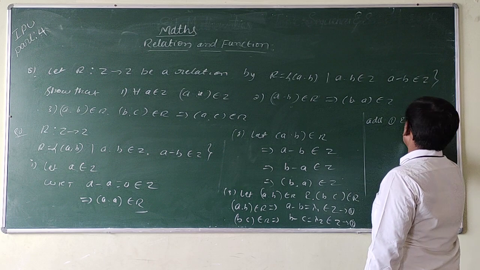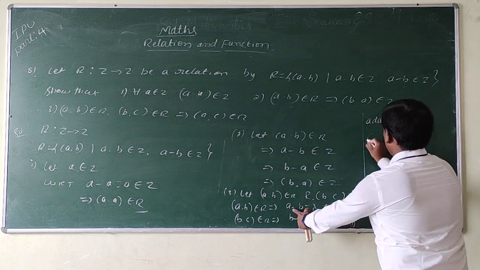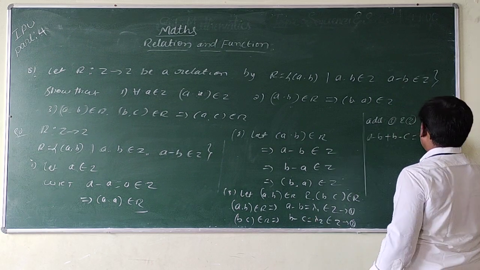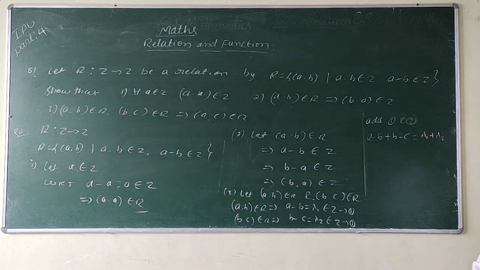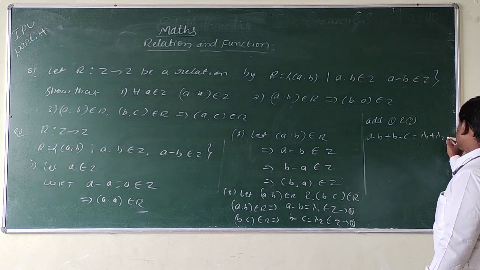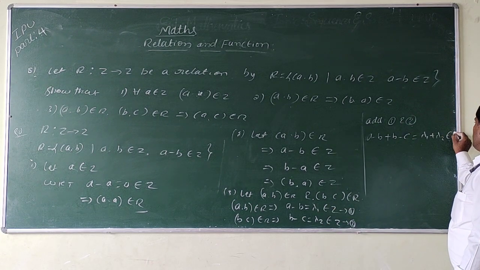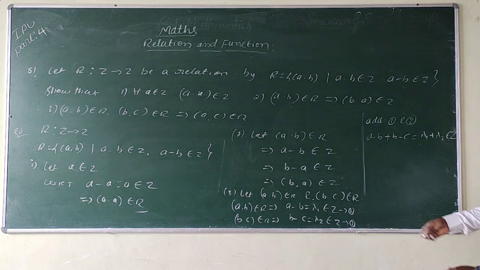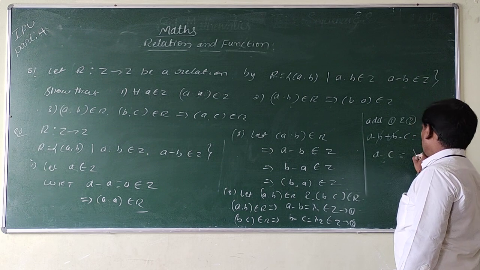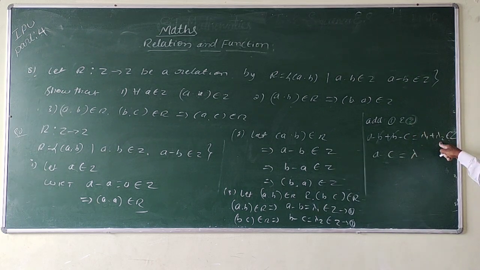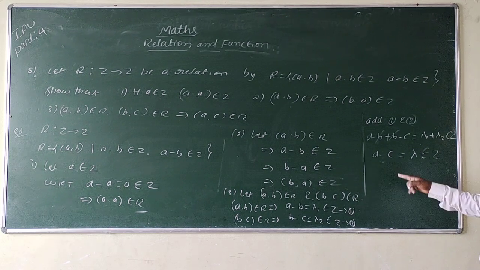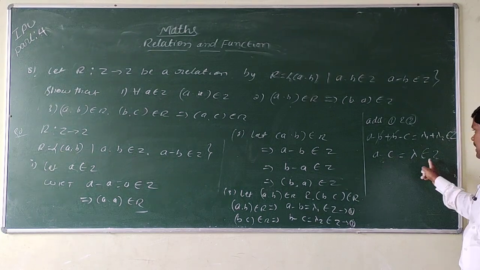So a minus b plus b minus c is equal to lambda 1 plus lambda 2. Observe here, the sum of two integers is also an integer. I am taking it as lambda, so it belongs to Z. Here plus b and minus b cancel, so a minus c is equal to lambda, where lambda 1 plus lambda 2 is taken as lambda, which belongs to Z. So observe, a minus c is an integer.